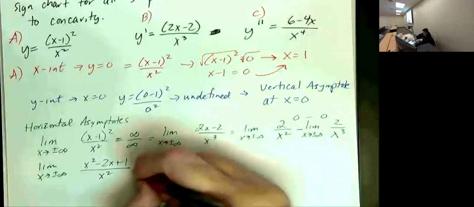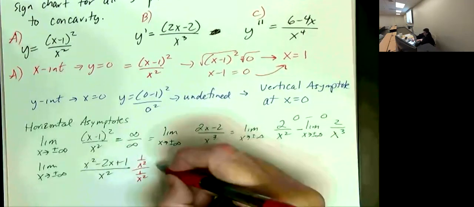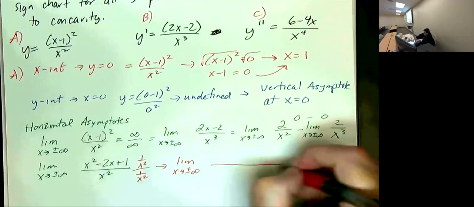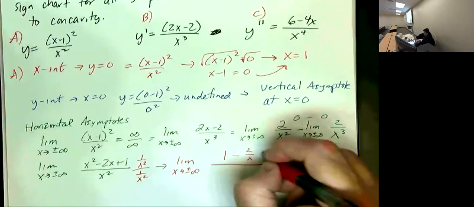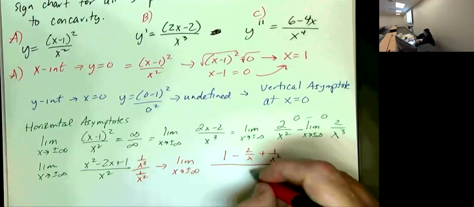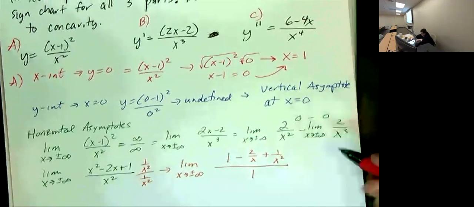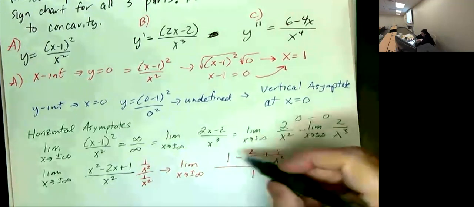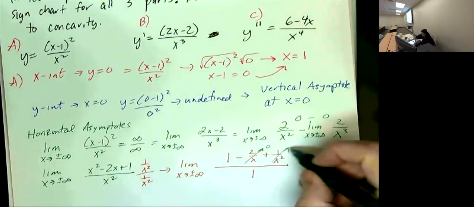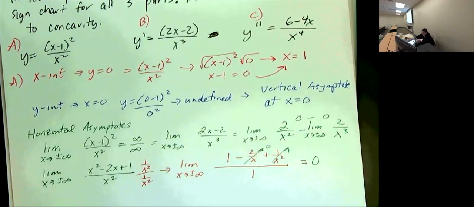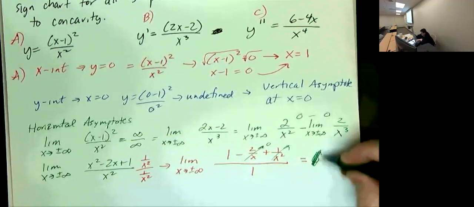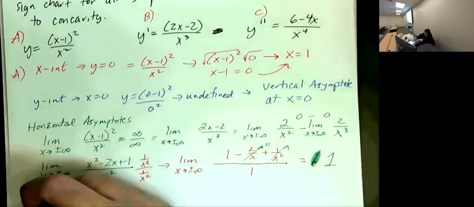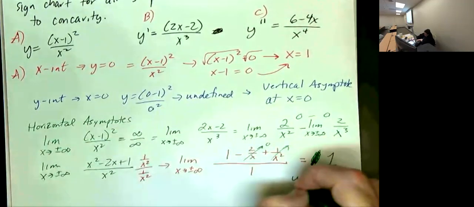Multiply by 1 over x squared on top and bottom. And when you evaluate at plus or minus infinity, those go to 0. And we get 1. I wrote 0 and I meant 1. So our horizontal asymptote is y equals 1.